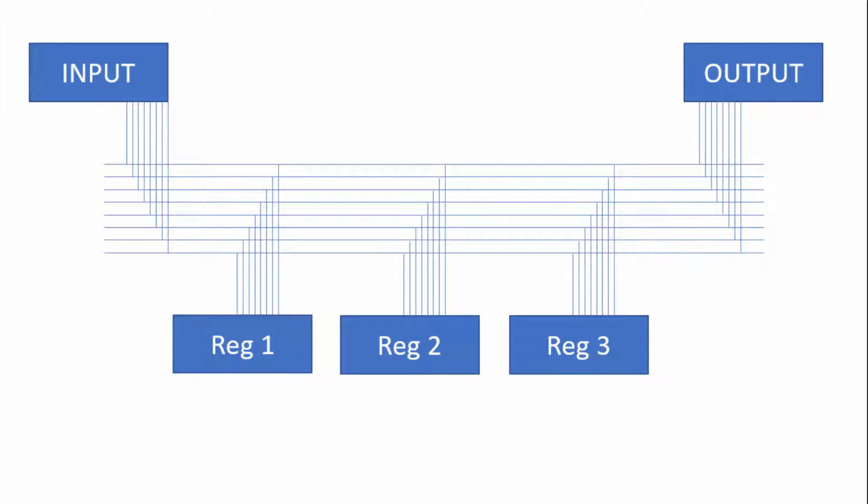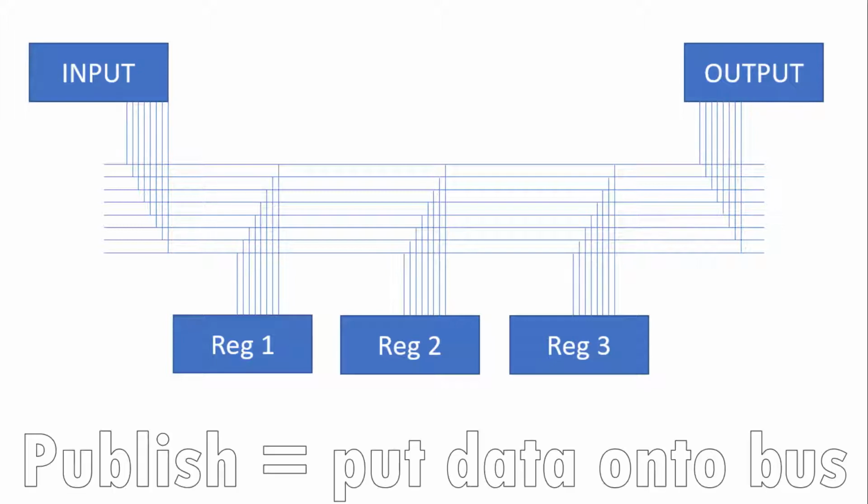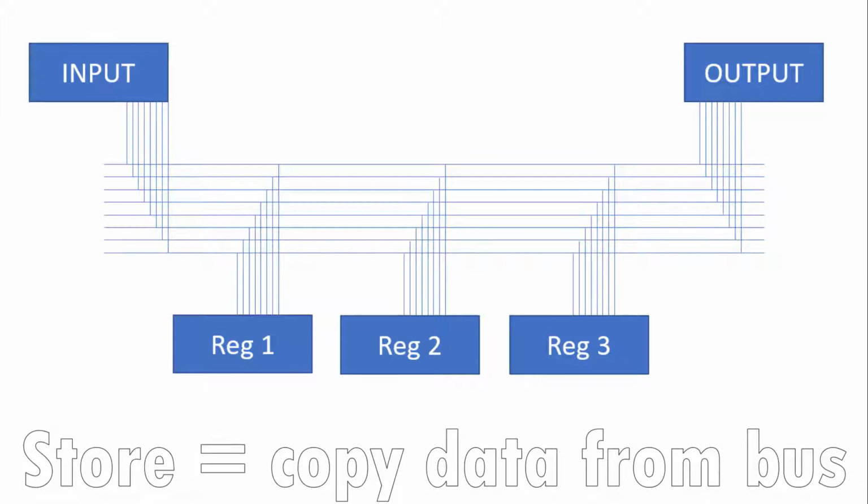And everything that's connected to the bus is permanently connected to the bus, and is able to do one of two things: either to put a value onto the bus, which I call publish. I think some people call it asserting data onto the bus, but I like the word publish for that.